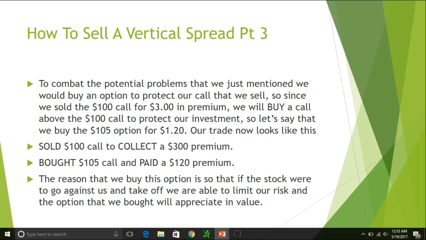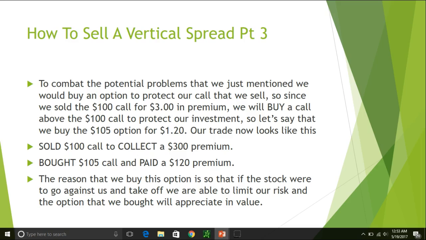So since we've sold at 100, we now have hedged by buying at 105, so that if the stock were to take off, we now have an option that can appreciate in value and it can completely eliminate risk for us. The reason that we buy this option is so that if the stock were to go against us and take off, we're able to limit our risk and the option that we bought will appreciate in value.